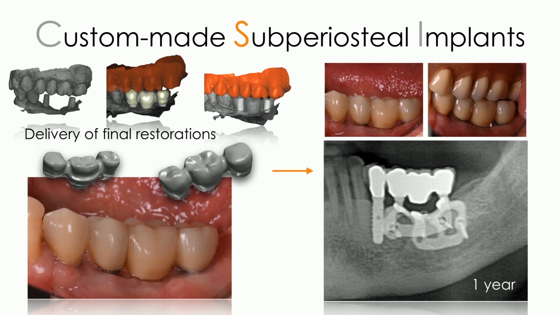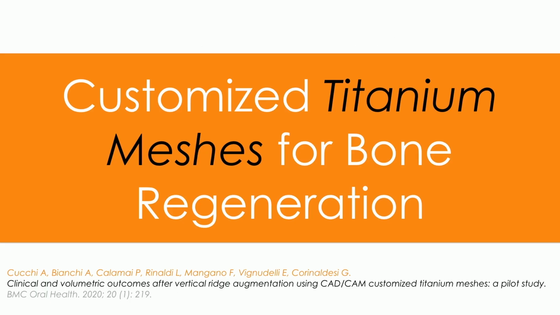So it's an option for the elderly patient and the patient who doesn't want to undergo complex surgical treatment, I mean like bone regeneration, because they don't want to wait too much and they don't want to spend too much money. But obviously for the patients who are willing to wait and want to regenerate bone for excellent aesthetic and functional results, then we have this other option.